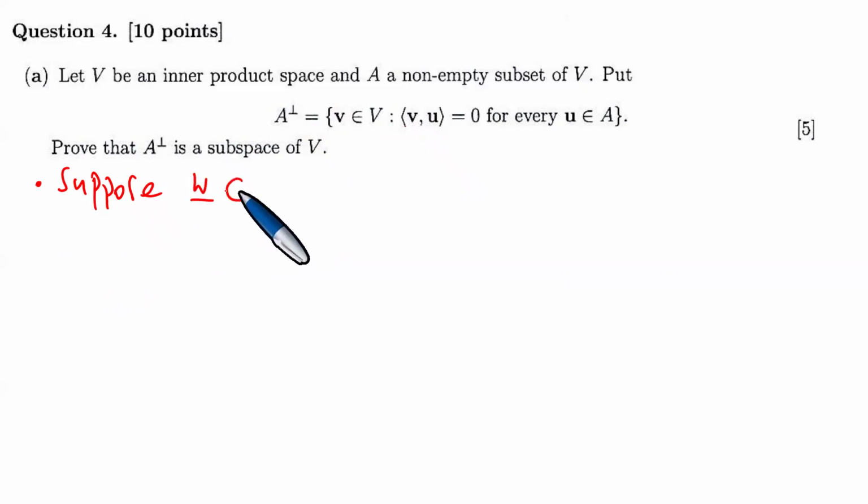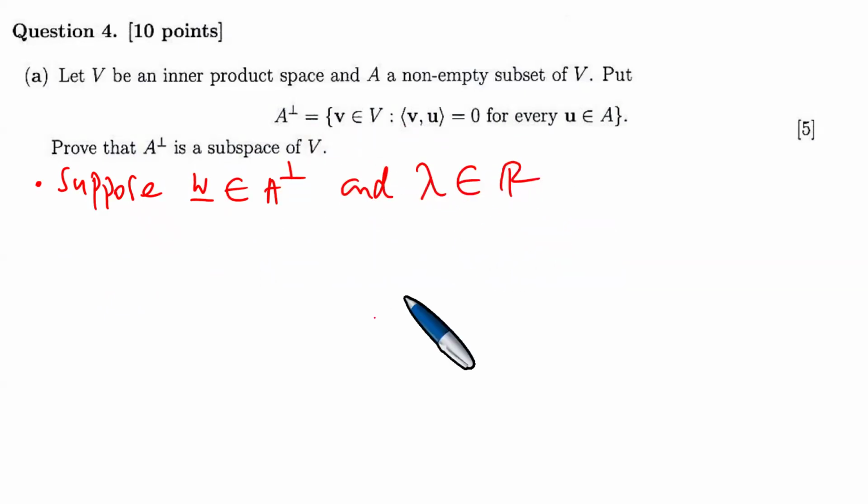So you call it W perp. You take a W that is in A perp, and you take lambda. That is a scalar. These things are normally on the real numbers, so you take this one to be a real number. This real number lambda is an element of R, a scalar.